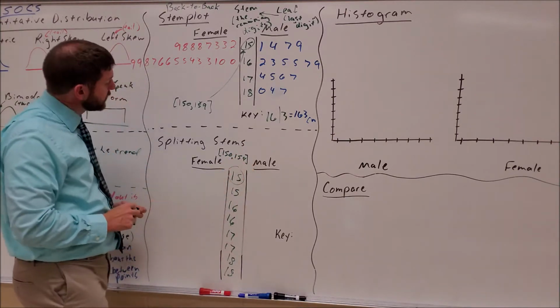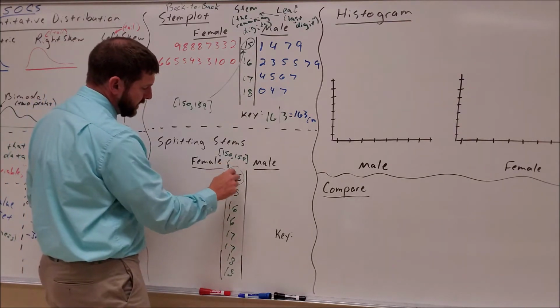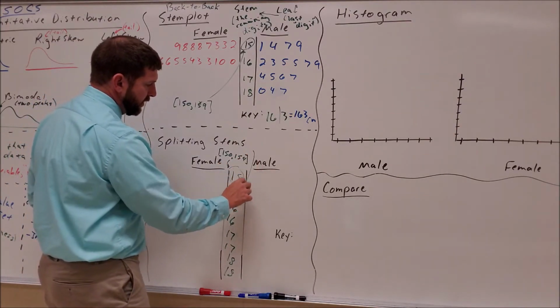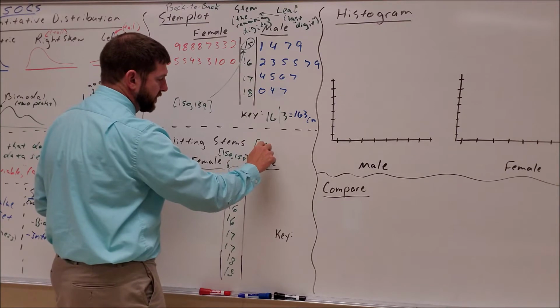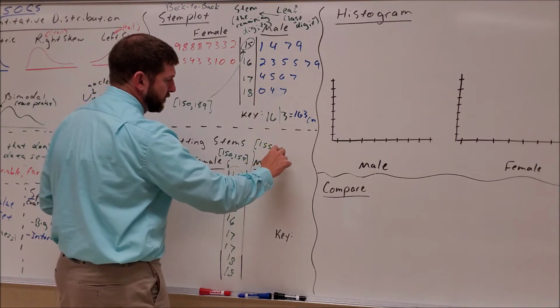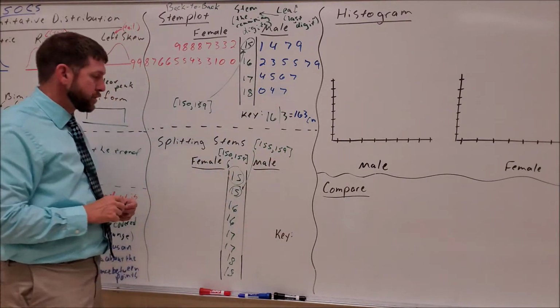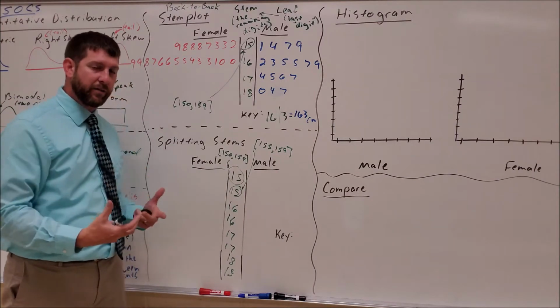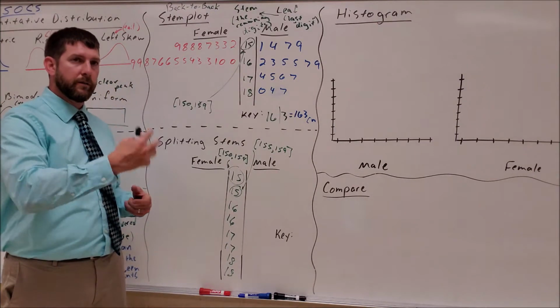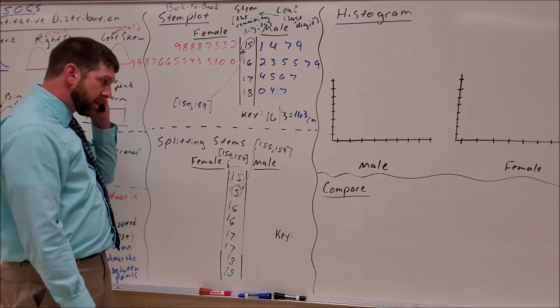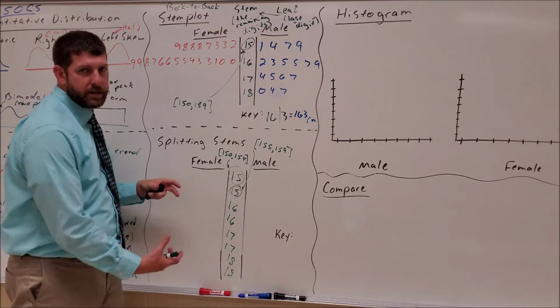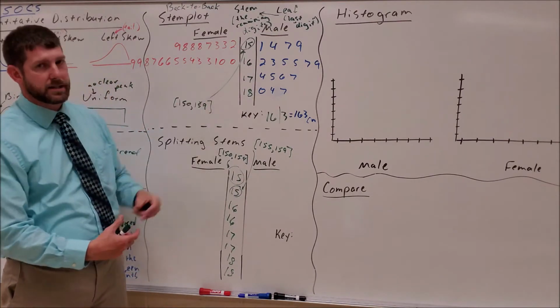And this second 15 is the other half, 155 through 159. Both of them are blocks 5 units wide, so they can hold 5 different values. But now we can break them up and unpack this data a little bit.